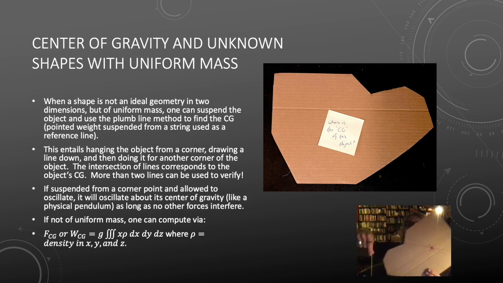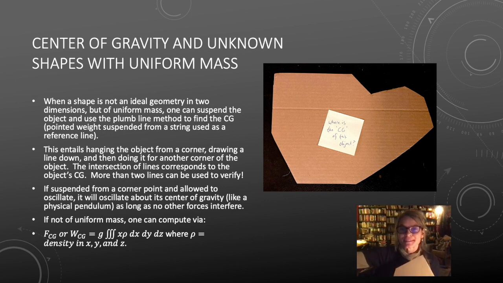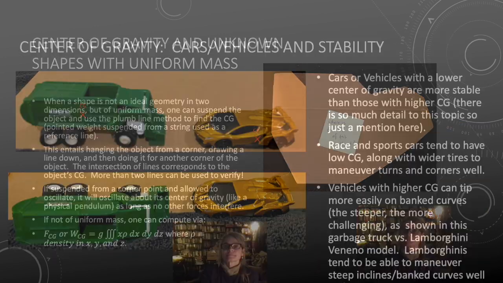Eventually you get this point of intersection, voila, which is where its center of gravity is. That's a great trick you could apply. And when it's not uniform mass, well, then we have this nice triple integral that involves the density in 3 dimensions. You could try to attempt that in your problem solving of the more challenging center of gravity problems.